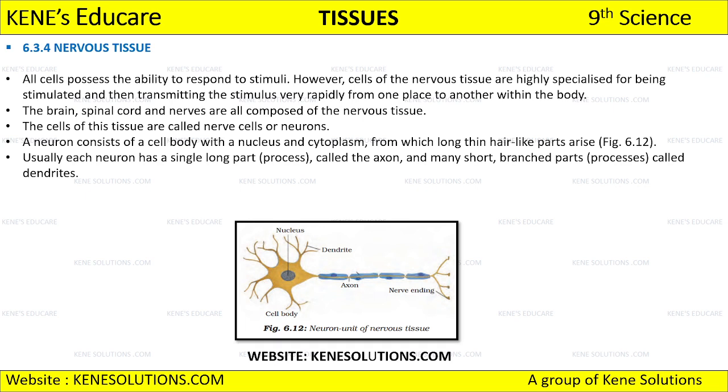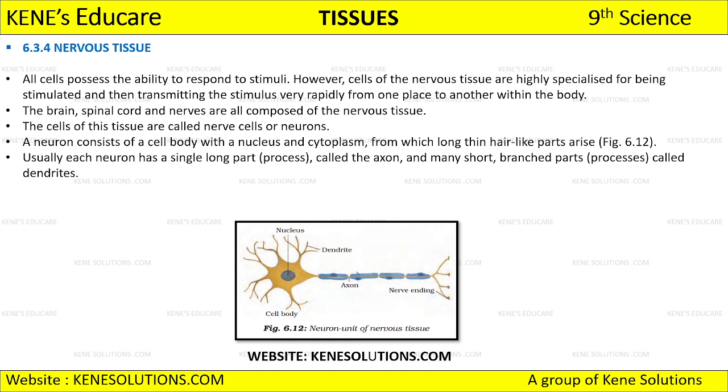Okay, so a neuron consists of a cell body with a nucleus and cytoplasm, from which long thin hair-like parts arise. Can you see the diagram? Now you have to just look at the dendrite part.